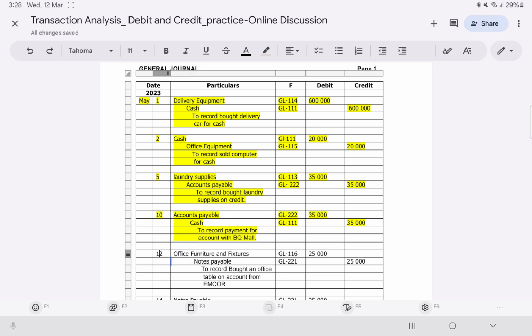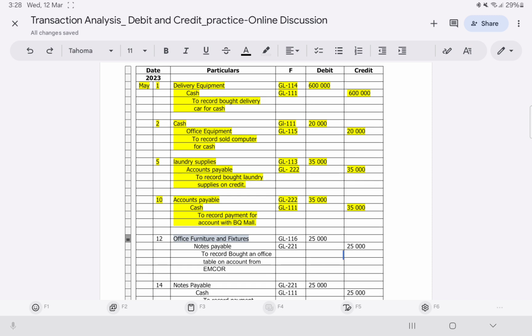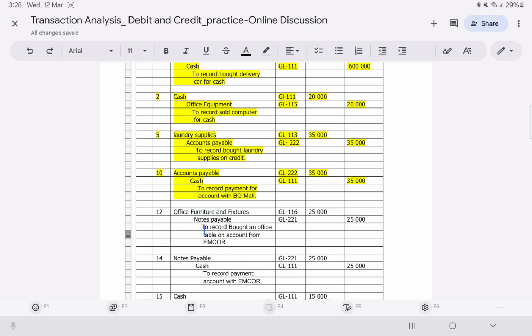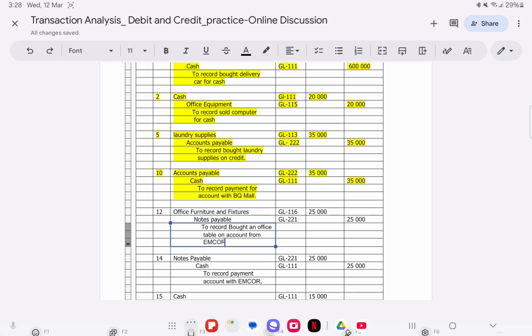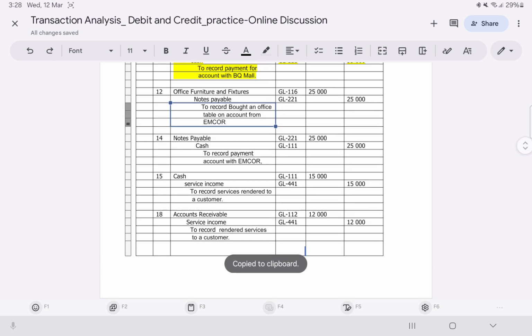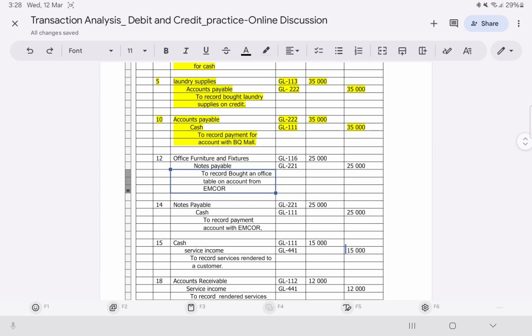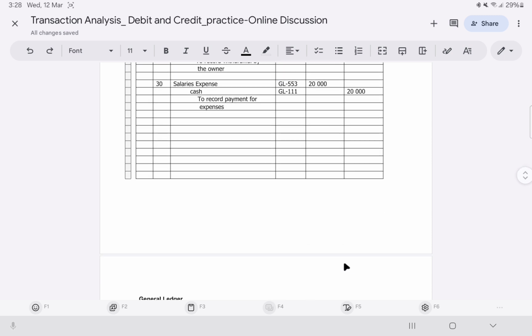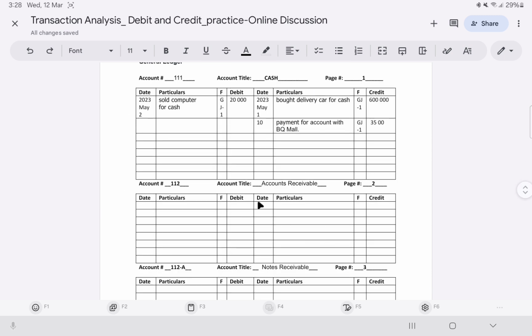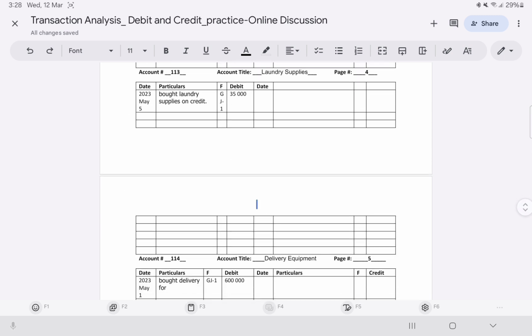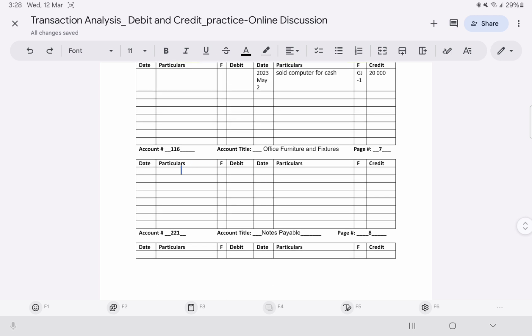Okay, so next transaction, our debit is office furnitures and fixtures 25,000. So the explanation is to record office furnitures and fixtures 25,000 last May 12. Office furnitures and fixtures.